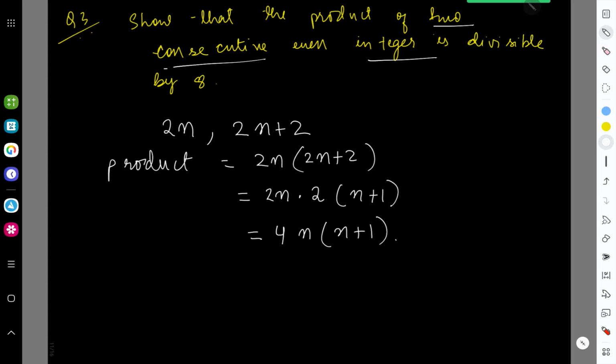So the expression here, n times n plus 1, I have just proved this in question number 2. This is always divisible by 2. But let us mention again for this question, among n and n plus 1, one is always an even number.